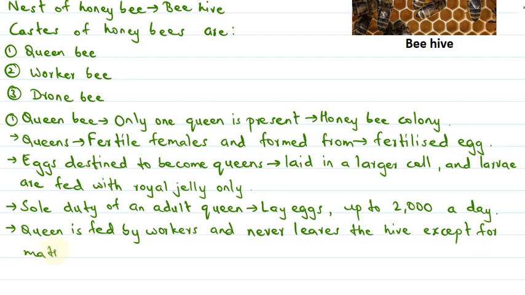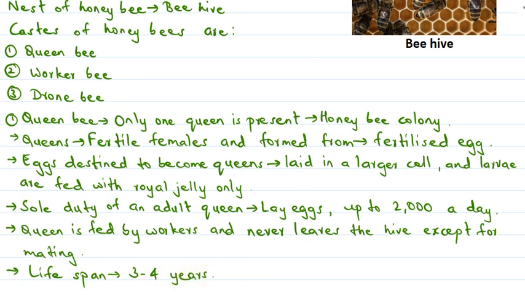Only during mating does she leave the beehive; otherwise she always stays within it. Queen bees also have stings and use them in battles with each other for dominance of the colony. The lifespan of a queen bee is 3 to 4 years.